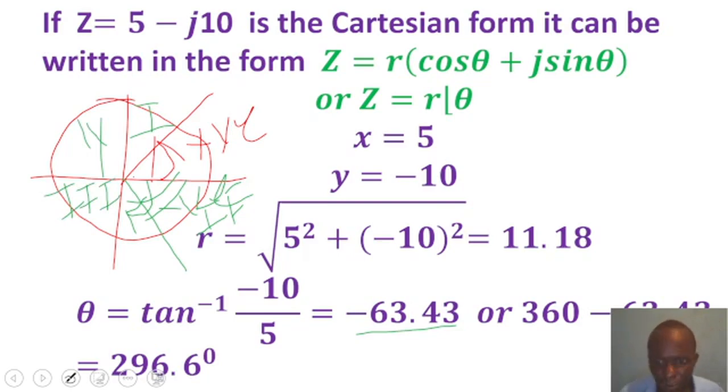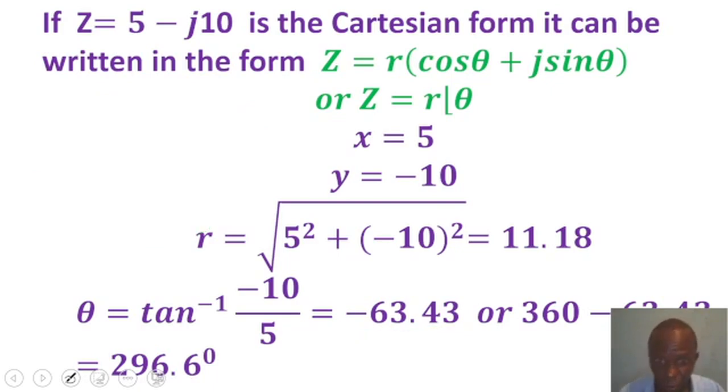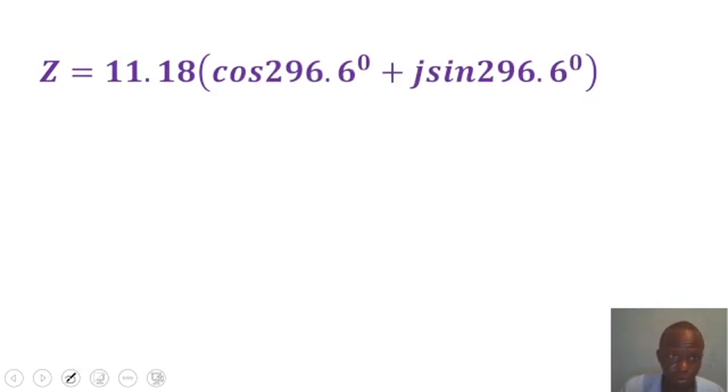So what is the positive angle? Just say 360 minus 63.43, and you get 296.6 degrees. It has to be presented as a positive angle. Now, let us see how it can be represented in polar form.